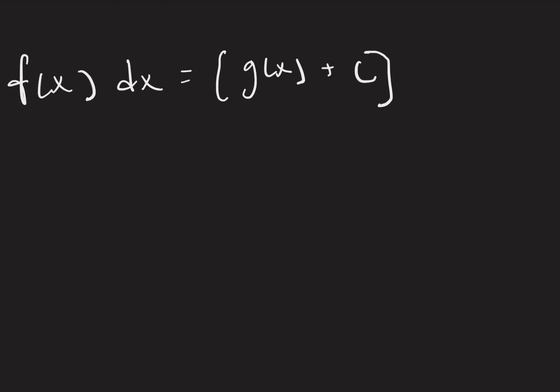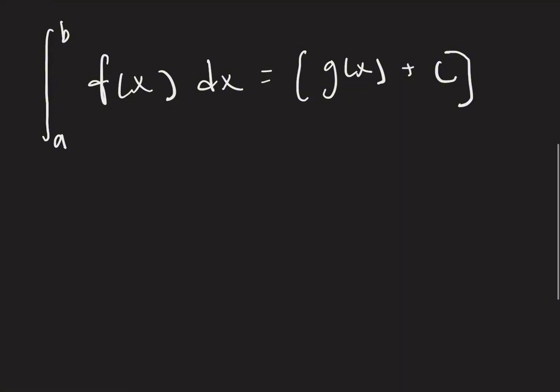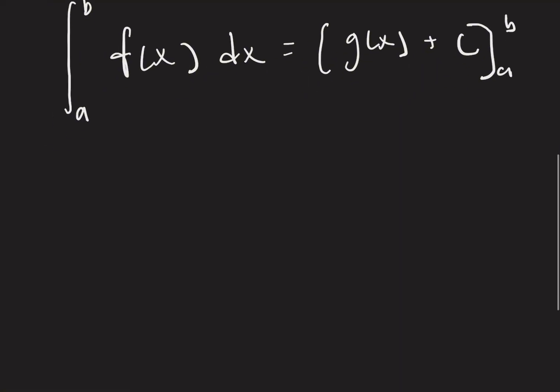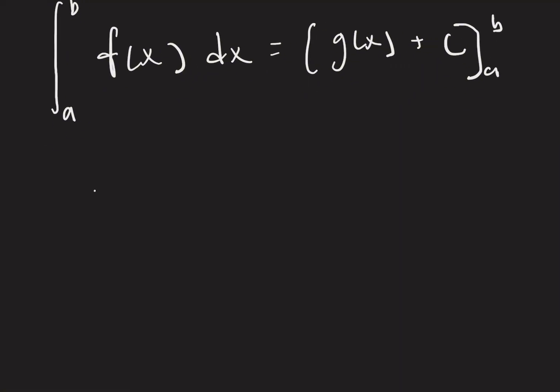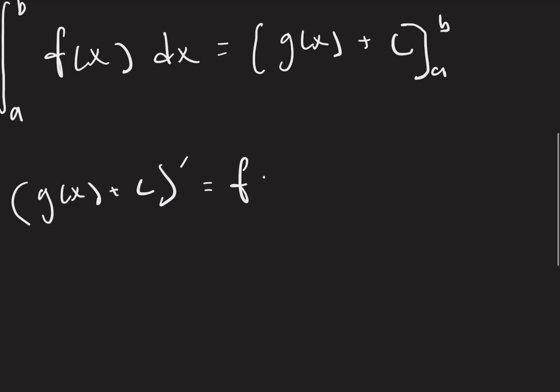So I'll show that in a bit. So say we have the function g of x plus c, right? And we take the derivative of it, it has to give us f of x, basically, right?